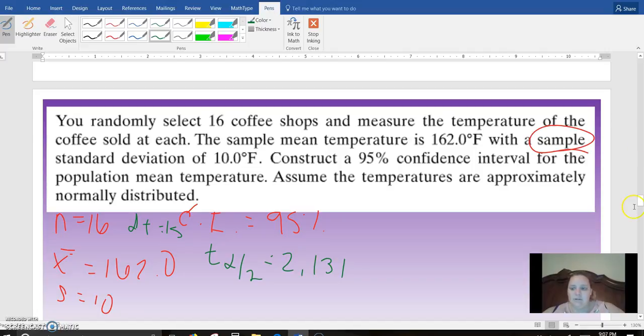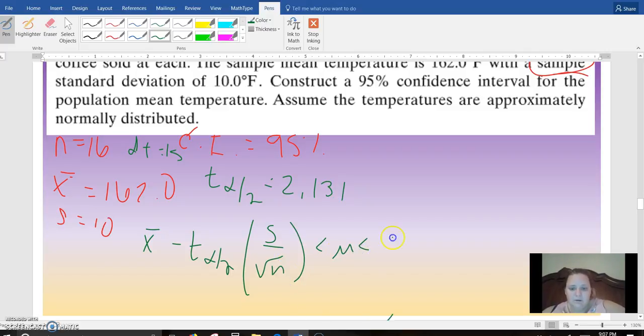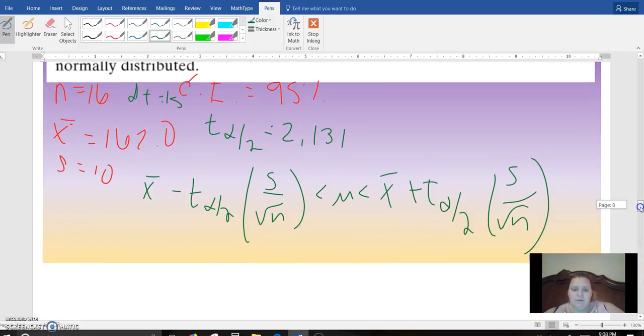All right, and then we'll use the formula: x bar minus t alpha over 2 times s over square root n, less than mu, less than x bar plus t alpha over 2 times s over square root n. Why do I have this memorized? Because I've taught it. Every time I reteach it, I always have to have it right out for me. All right, and now we'll just pop in our numbers.